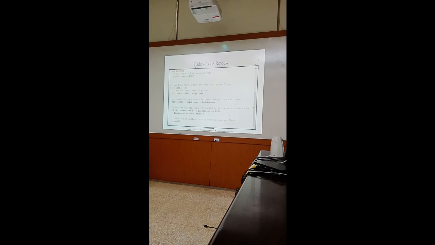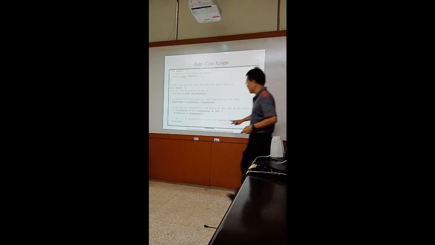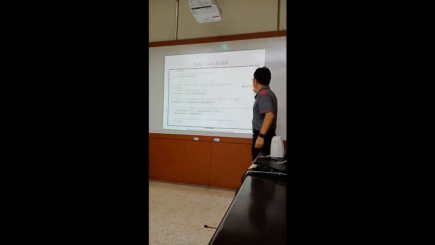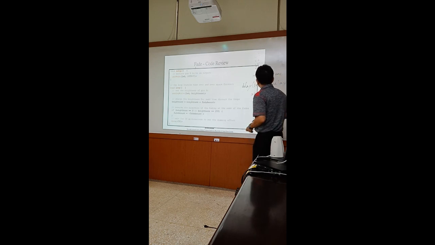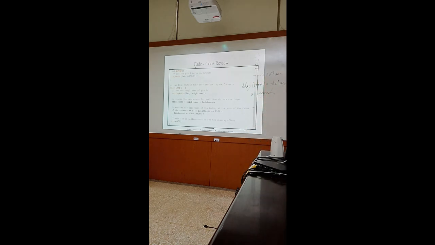So if you set it to 1,000, that means a delay of one second. So a millisecond is ten to the minus 3 seconds.